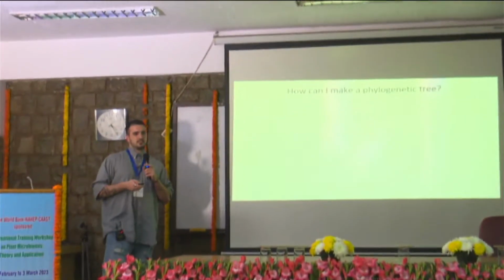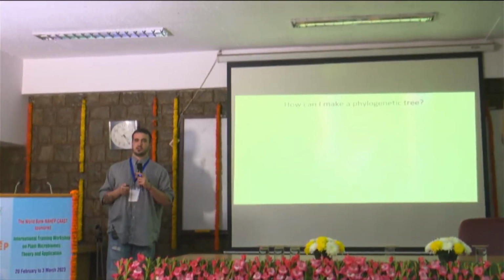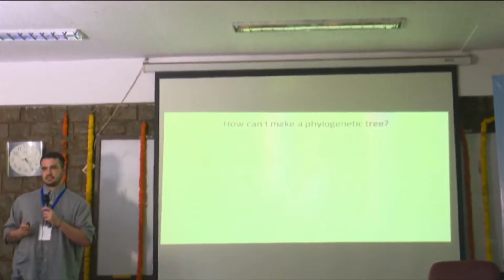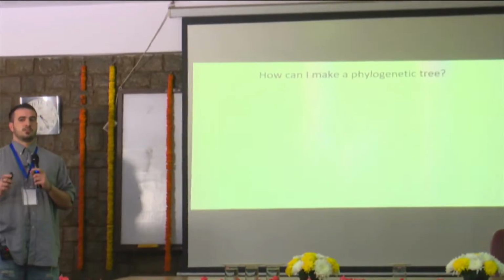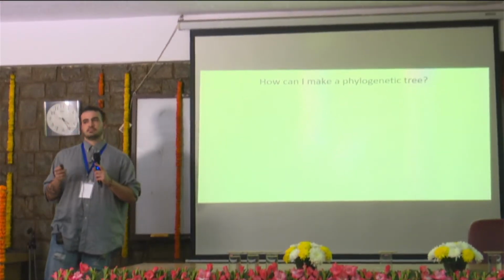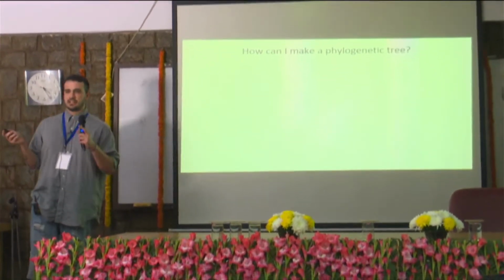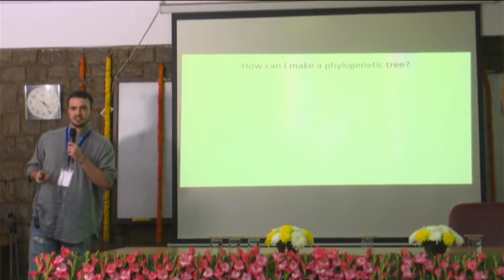So basically in a phylogenetic tree, you build it comparing organisms. Nowadays, you compare DNA, so these are sequence-based trees. But okay, what do you compare? Because you have a lot of DNA in your bacteria.